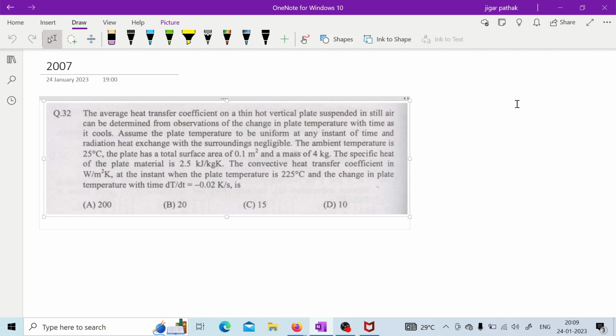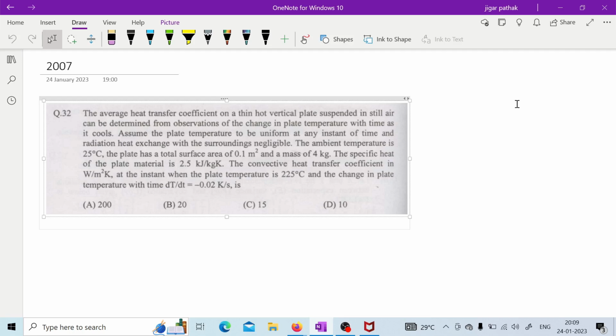The specific heat of the plate material is 2.5 kJ per kg Kelvin. The convective heat transfer coefficient in watt per meter square Kelvin, at the instant when the plate temperature is 225 degrees centigrade and the change in plate temperature with time dT by dt is minus 0.02 Kelvin per second, is? So can you try it by yourself?